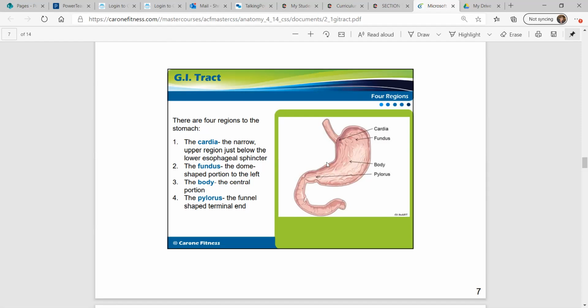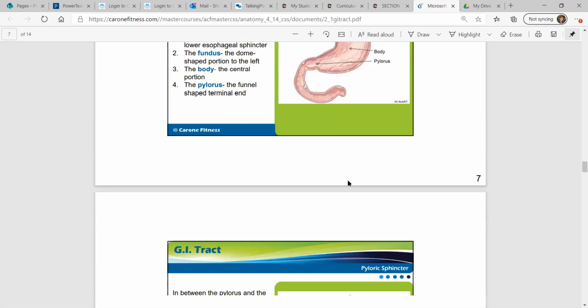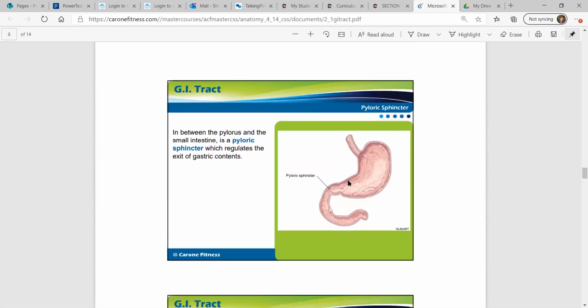The body, the central portion, and the pylorus. The funnel-shaped terminal end. So this funnel-shaped part of the stomach is called the pylorus. In between the pylorus and the small intestine is the pyloric sphincter, which regulates the exit of gastric contents.